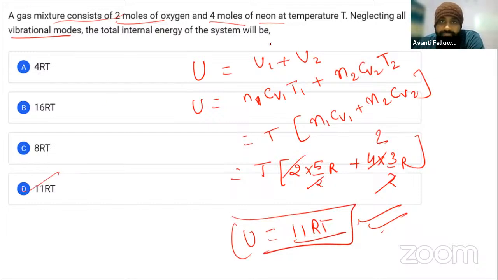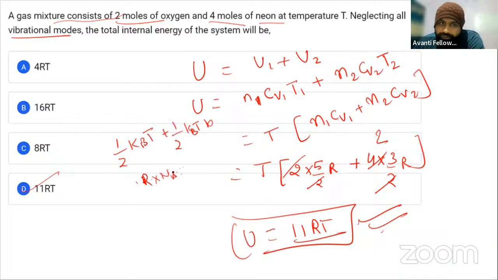But what if it is said to consider all vibrational modes also? Then we know that half kB T plus half kB T will also add, and kB is nothing but R into NA.